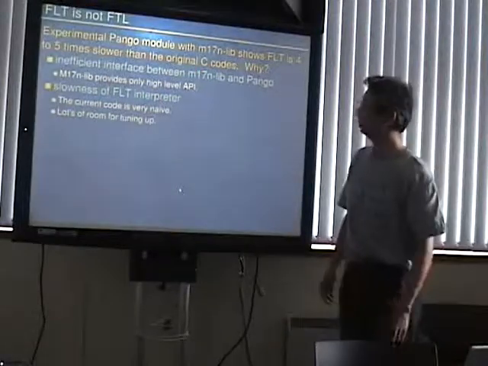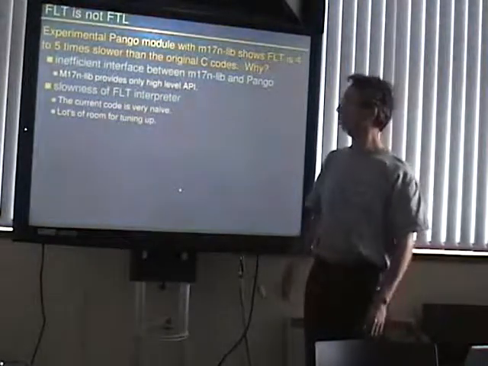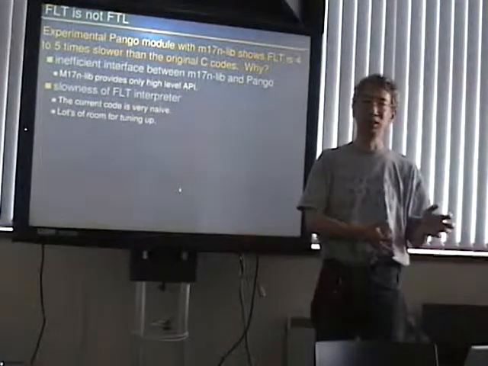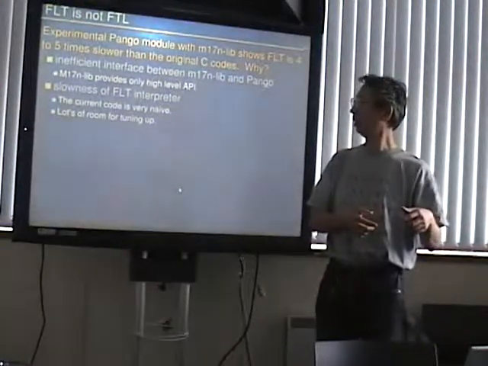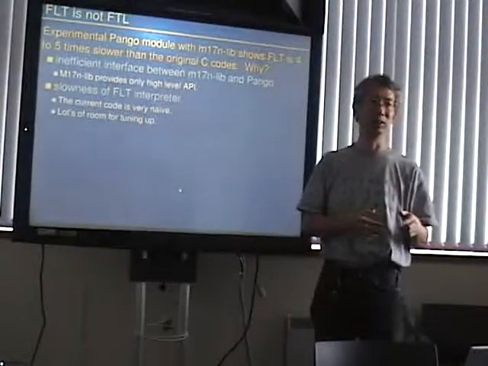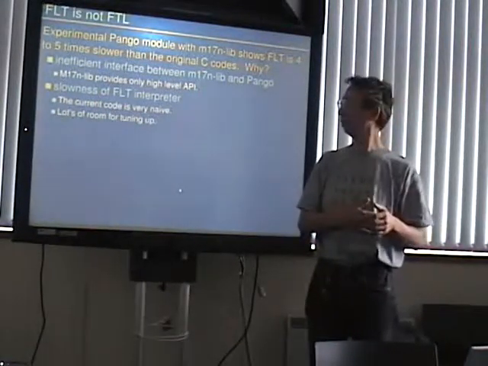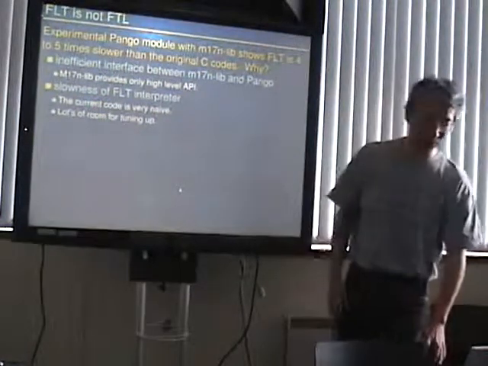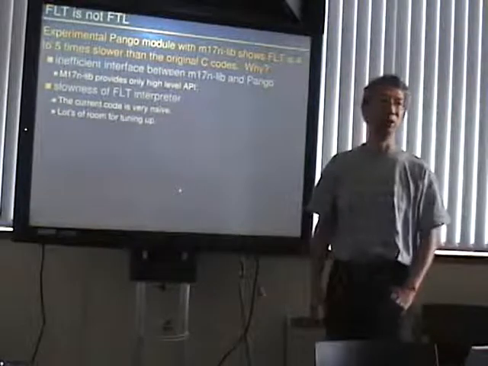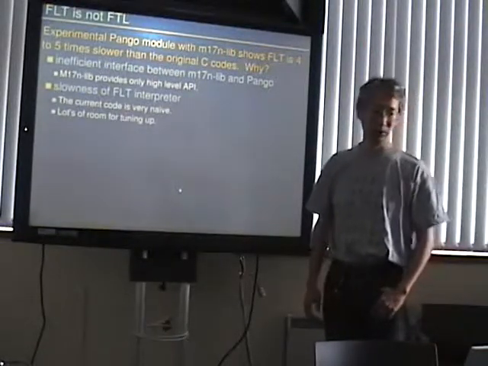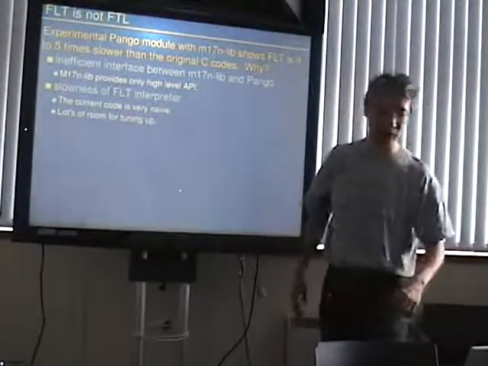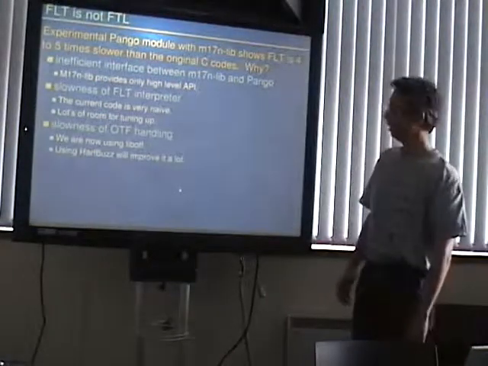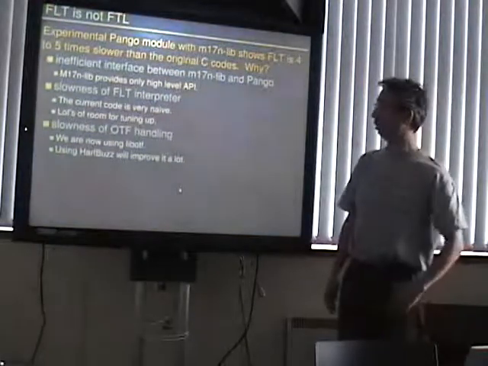The next one is the slowness of the FLT interpreter. Although the FLT is parsed into the internal structure, the current code for driving the internal code is very naive. We have not yet spent any effort on tuning it. So there's a lot of room for tuning up in the interpreter code. And the other is the slowness of OTF handling.